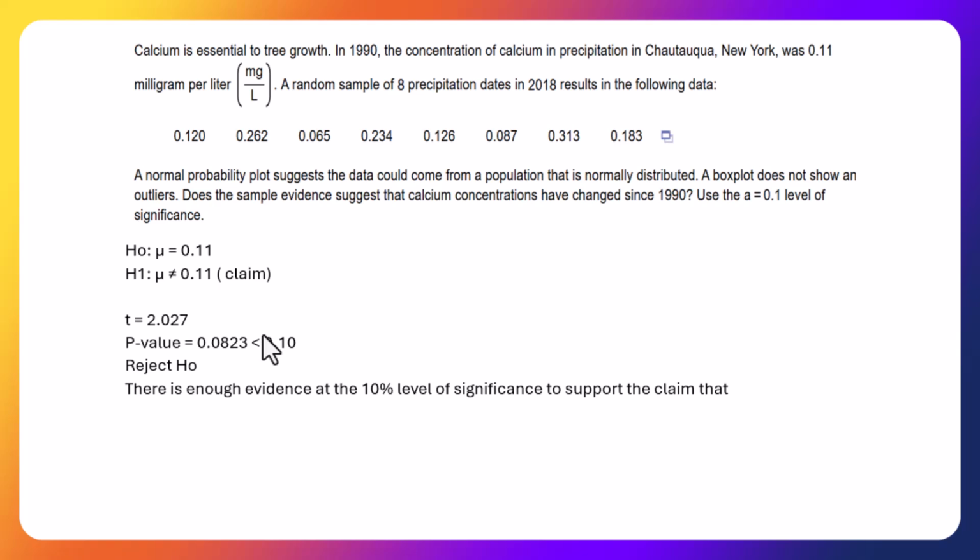And let me tell you what you should write here. The claim that calcium concentrations have changed since 1990. As simple as that. Okay, so that is the first question. I'm going to do another one now.